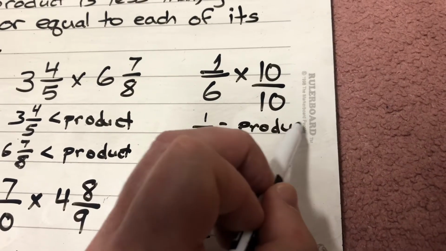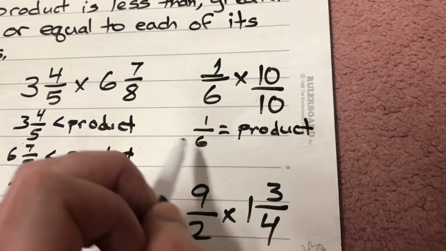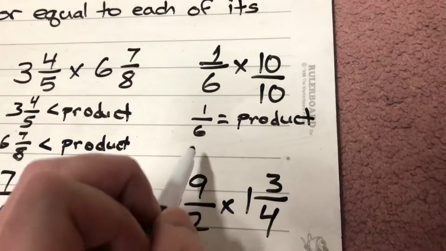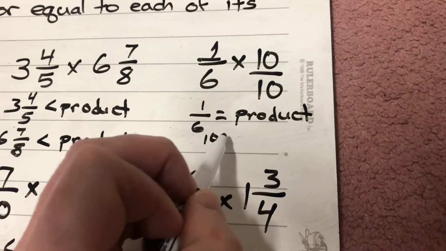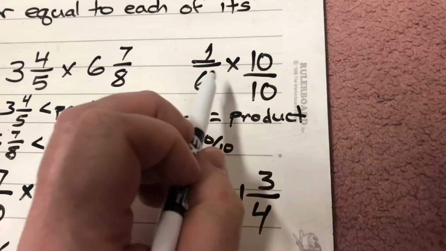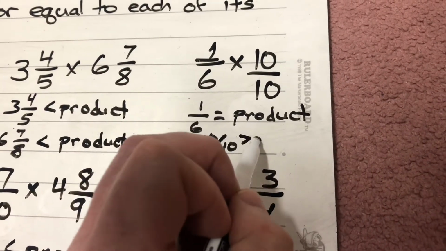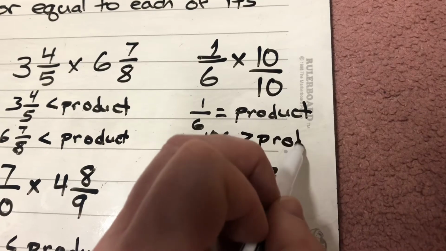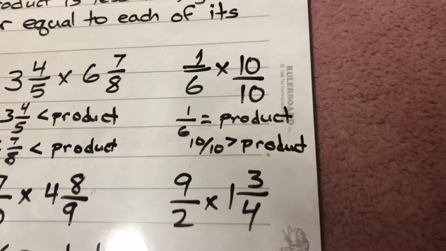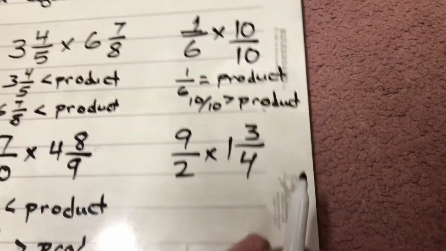Because anytime I take a number and multiply it by 1, it equals itself, 1/6. And the 10/10 then, since I'm multiplying that by something that's less than 1, 10/10 is going to be greater than my product because I'm not even multiplying it by 1 time.